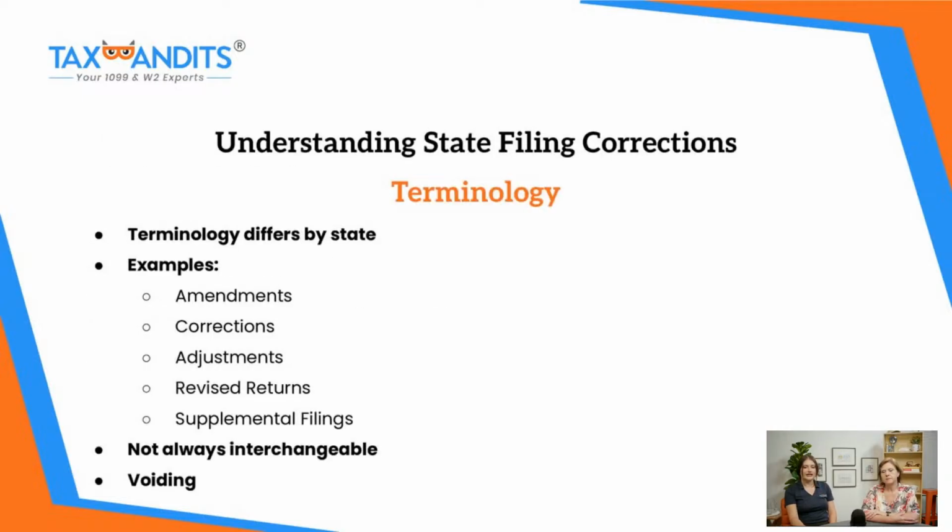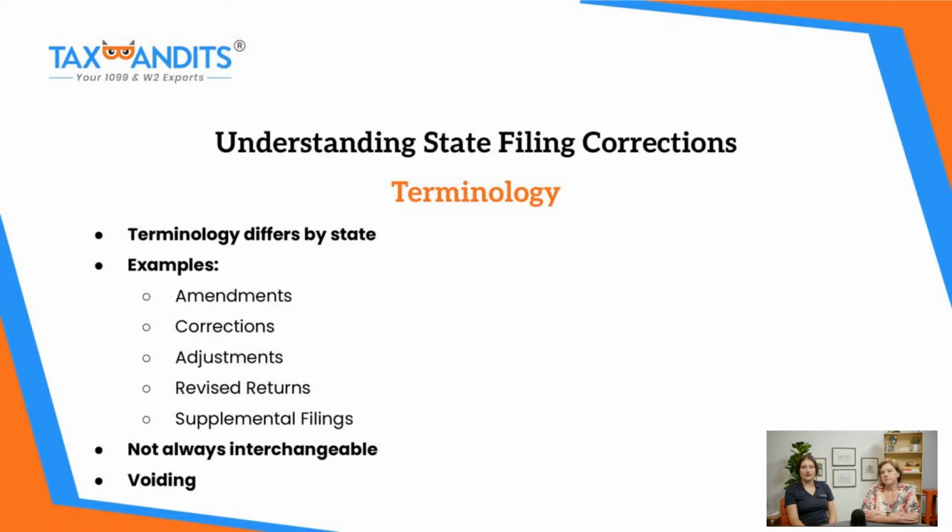So let's begin with the terminology, Christy. If someone notices an error on a previously filed return, they may assume they simply need to file a correction, but states don't always use that term, correct? Exactly. Depending on the state, the process may be called an amendment, a correction, adjustment, revised return, or supplemental filing.